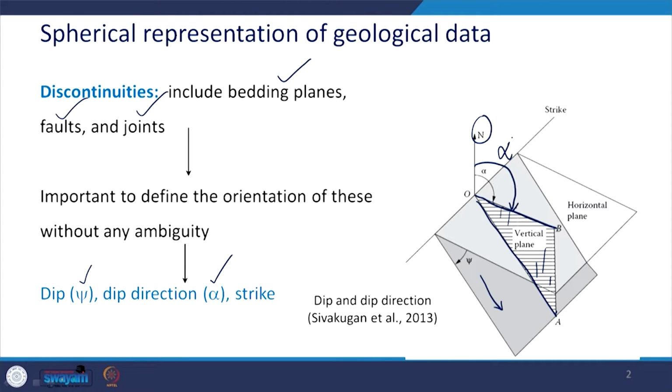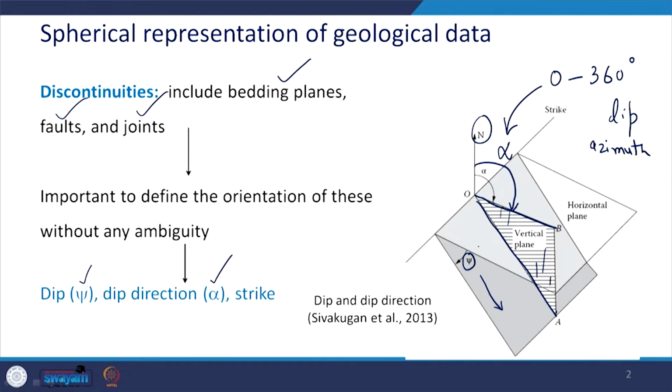which is the dip direction, and this can vary between 0 to 360 degrees. Now, this dip direction is also known as dip azimuth. It is the direction of the horizontal trace of the line of dip which is measured clockwise from the north. Then dip is the angle, that is this psi.